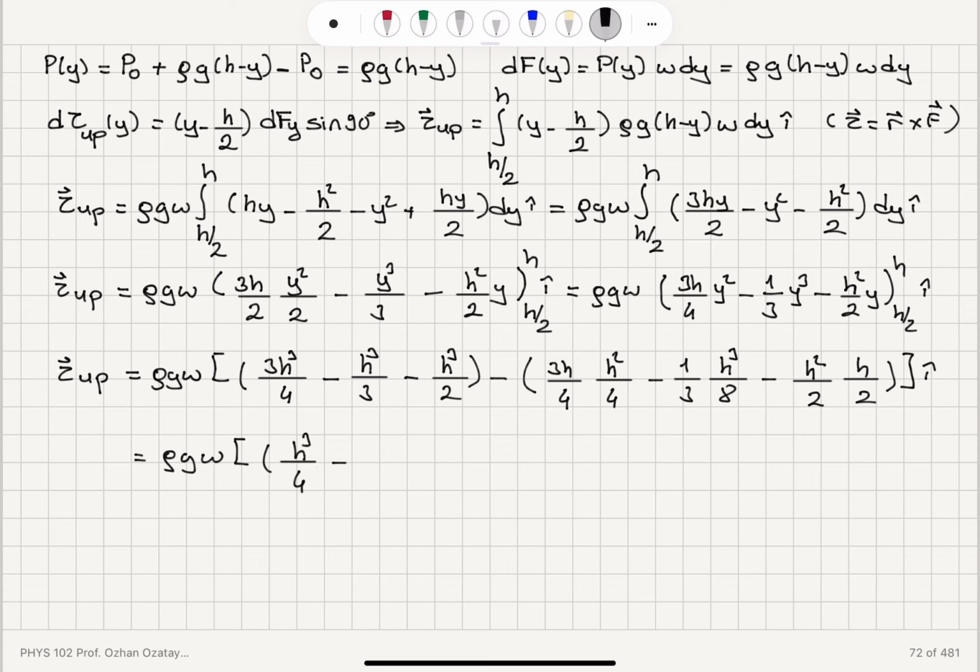And then I have minus h cubed over 3, minus, so the first term here is 3 over 16 h cubed, 3h cubed over 16. Then I have minus h cubed over 3 times 8, 24. And then I have minus h cubed over 4. So the last term is h cubed over 4. This is in I hat direction.